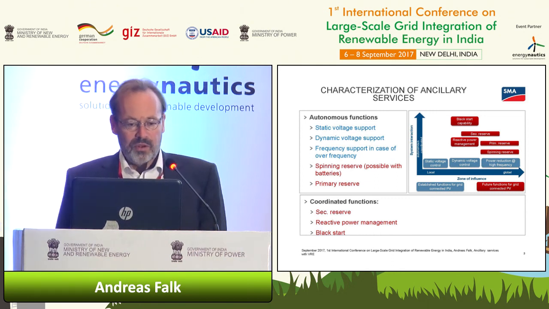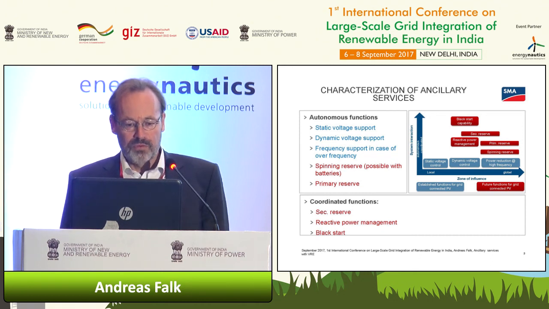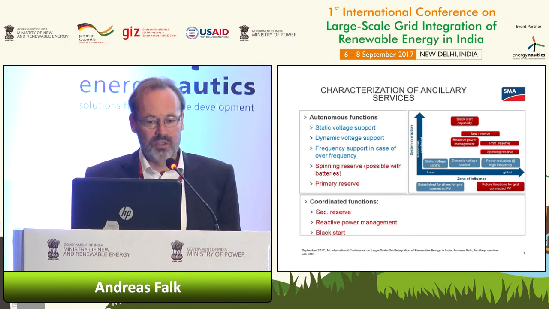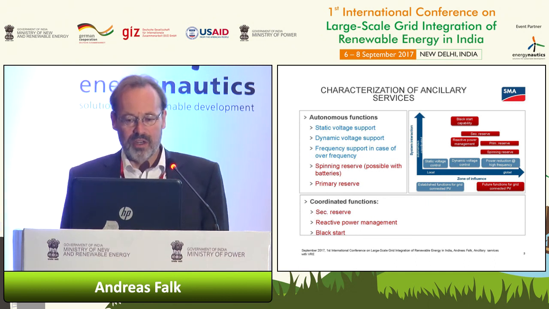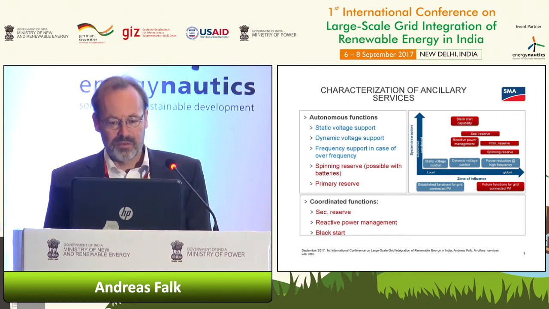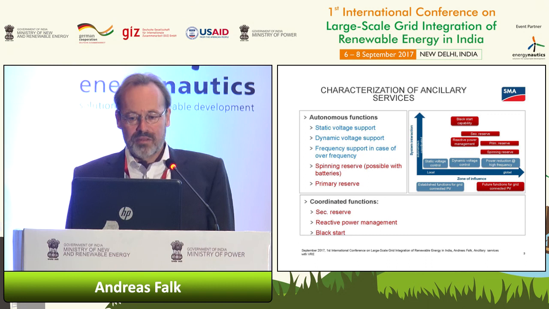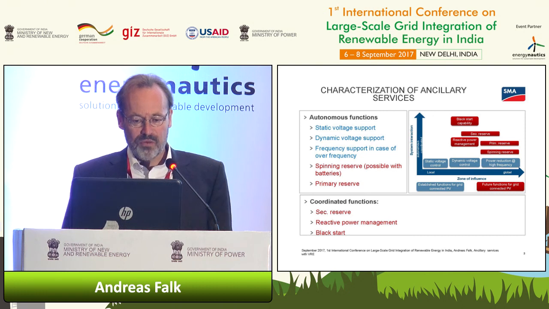At first, the autonomous functions for future services is the spinning reserve. Spinning reserve is reacting on the frequency gradient mainly, not the frequency itself. And the primary reserve is also an autonomous function reacting on the frequency, on frequency dips.